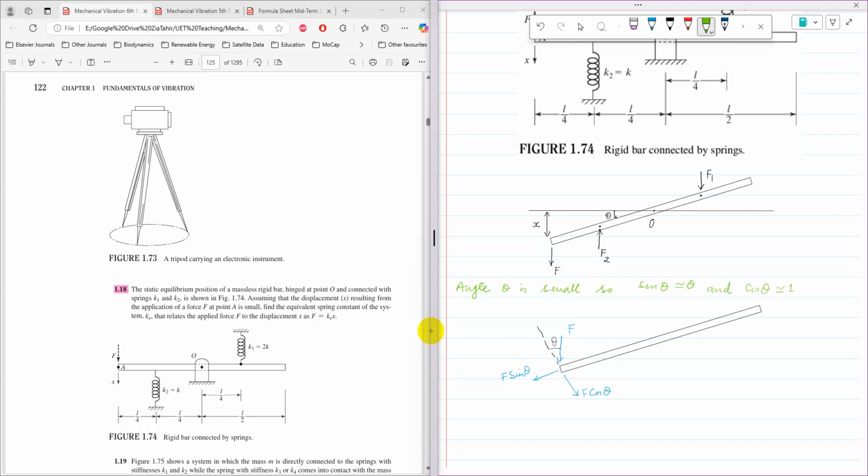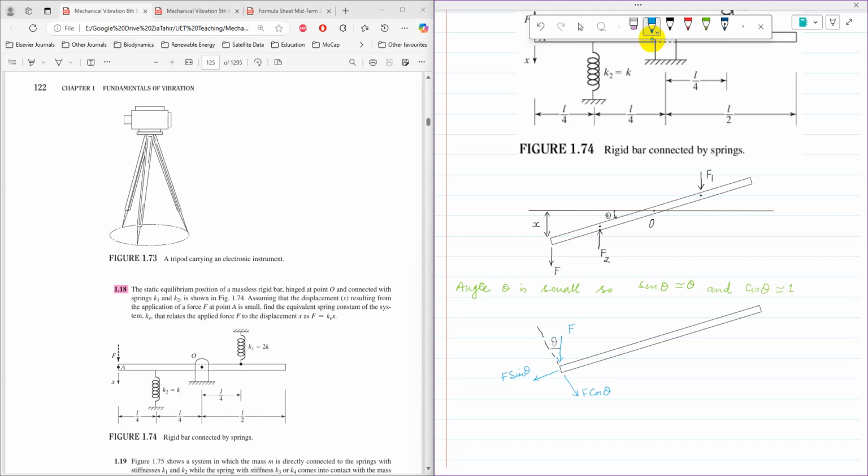Now this force F can be resolved into two components, because if I draw a line perpendicular to the rod, that angle is also theta. One component is perpendicular to the rod and one is parallel to the rod. The one perpendicular to the rod is F cos theta.